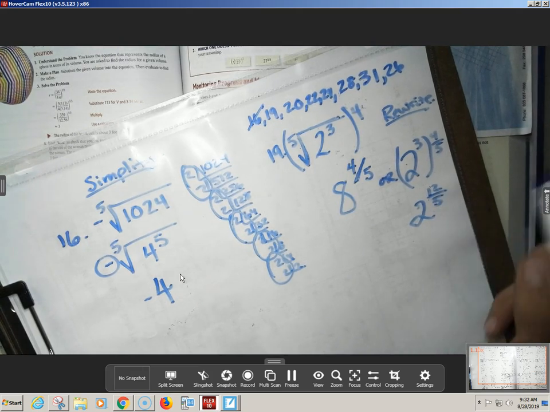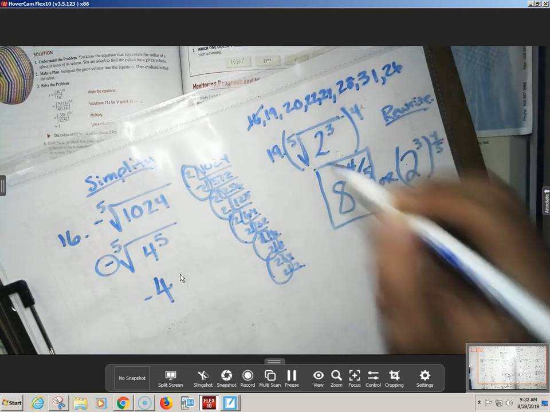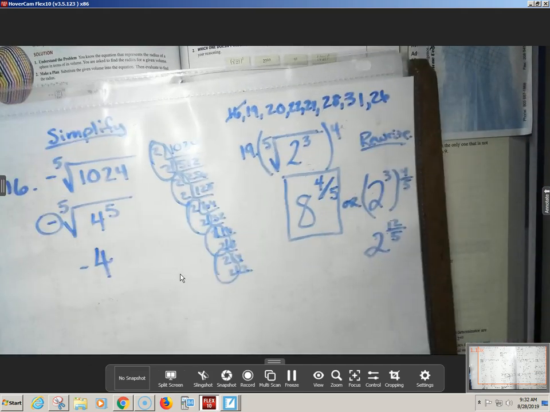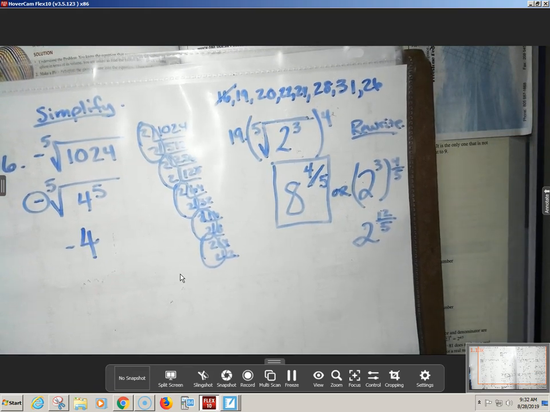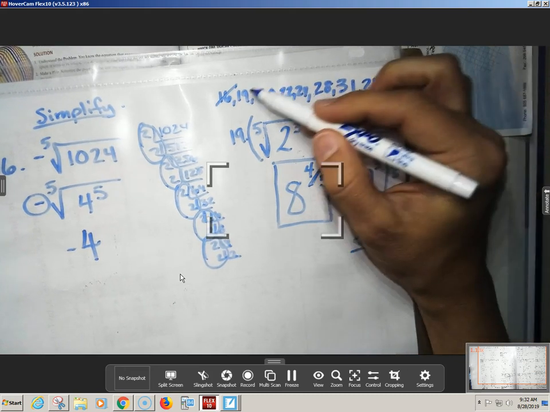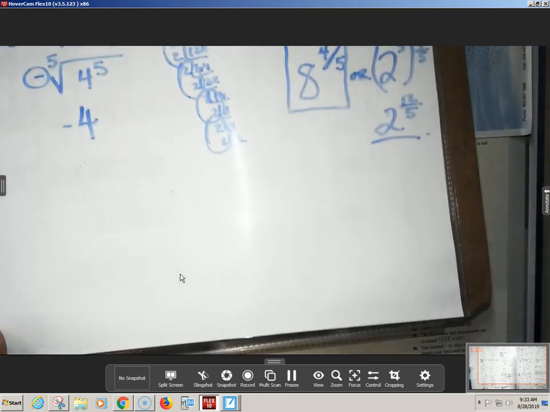I just wanted to show you that that's also right, but I would have been totally fine with just the basic rewriting of 8 to the 4/5. Sorry, that was sideways, my bad. Some of you were kinking your necks. If you did that one, that was an awesome job. It just wasn't necessary.